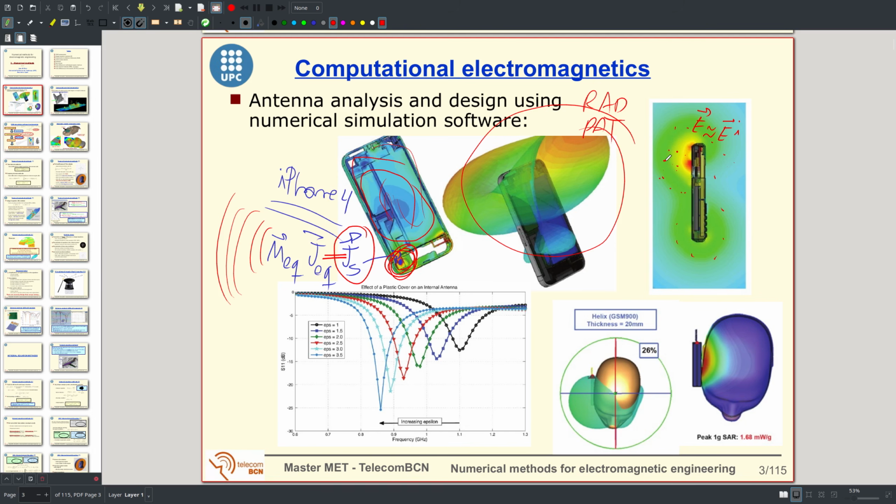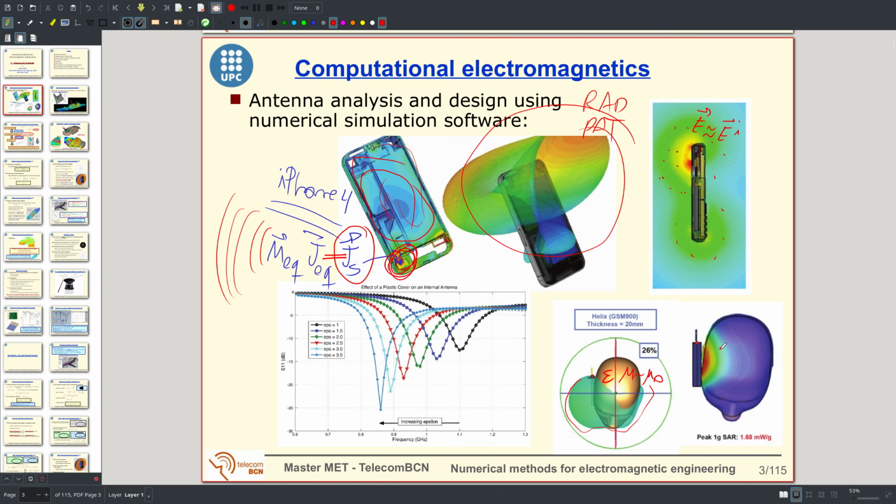For example, if you want to compute the behavior of the phone when it is close to a human head, the user of the phone, we have to compute the radiation pattern of the phone, taking into account the epsilon and mu. Mu is non-magnetic, okay? Mu approximately equal to mu 0, non-magnetic, but the dielectric constant is obviously different than epsilon 0 because the human head is a dielectric medium, and this modifies a little bit the radiation pattern of the phone.